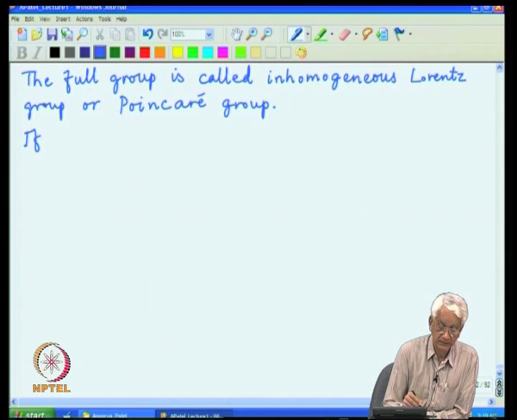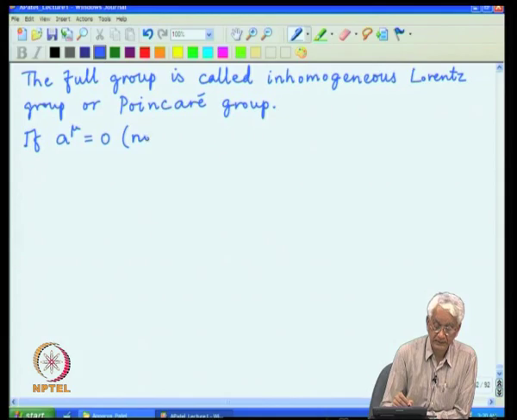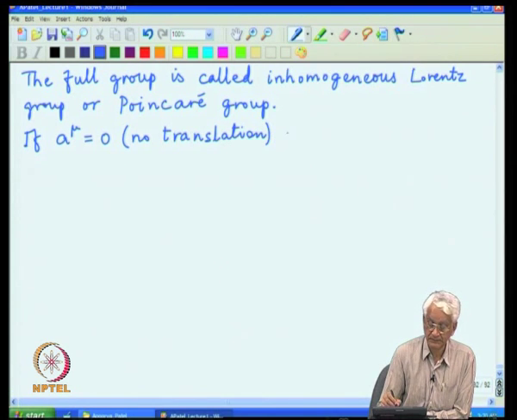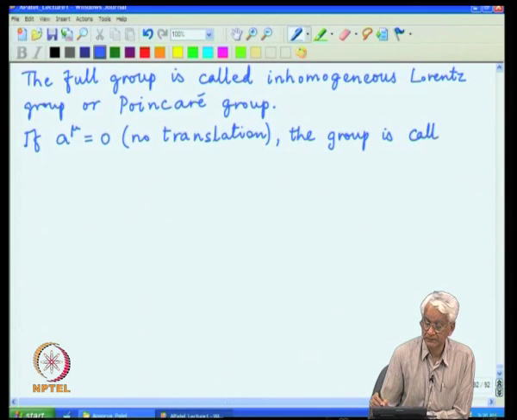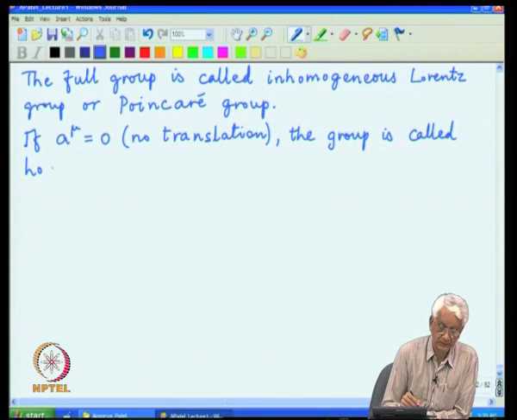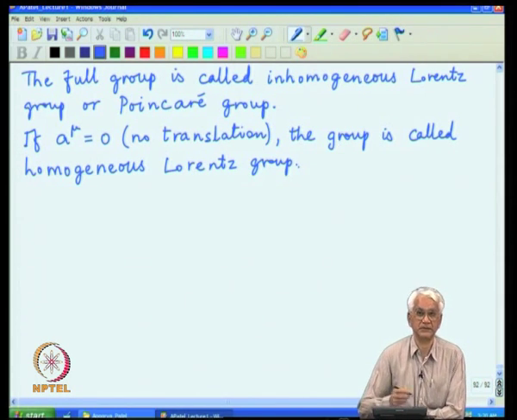If the parameters a mu are set to 0, which means there is no translation in the coordinate system, then the group is called the homogeneous Lorentz group, or many times just the Lorentz group.